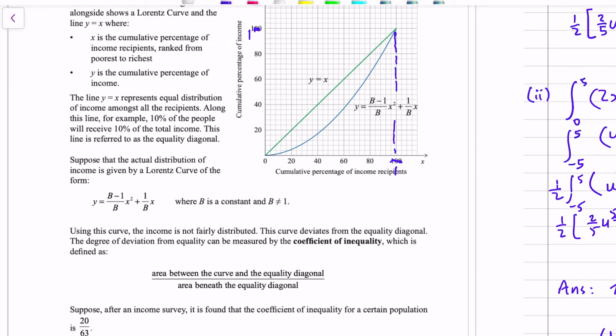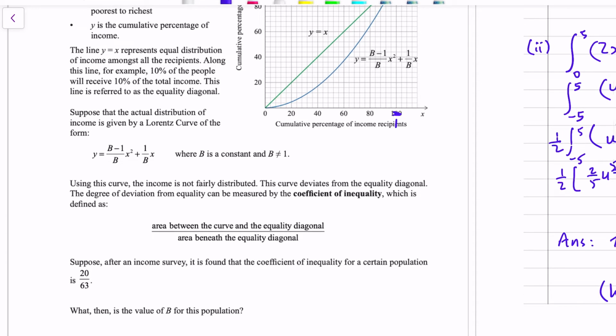Okay, obviously in an exam situation you don't really have time to think so much about that. You just jump straight into the problem. But when you're reflecting on exam questions, you can often think about the structure of the formula. So we've got to find the area between the curve and the equality diagonal.